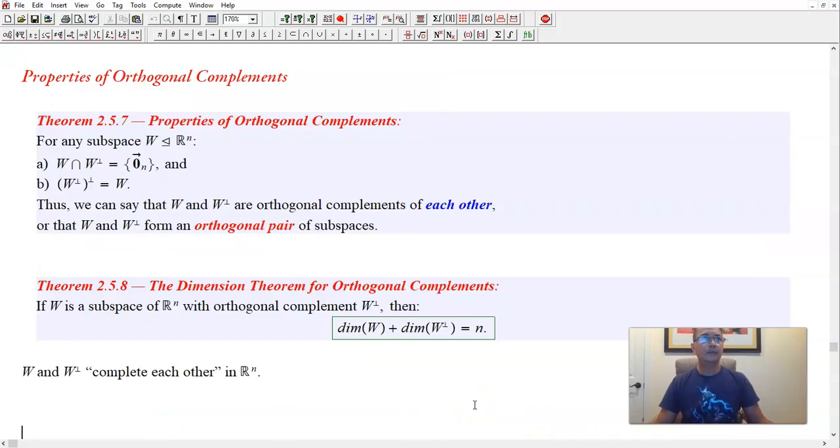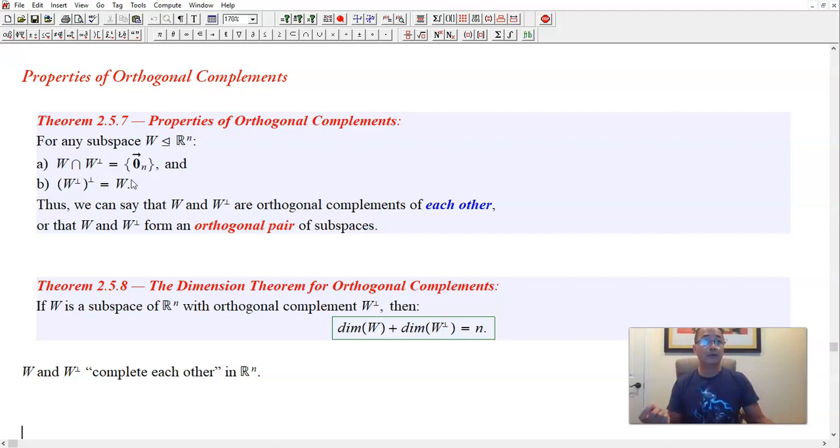Okay, so here are a couple of theorems that tell us nice properties of orthogonal complements, and we've already mentioned a couple of them. The first property is that for any subspace W in Rn, the only vector in common to W and its orthogonal complement is the 0 vector. We saw that in R2 and R3. We had two lines that intersect only at the origin, and we had a plane and its normal line.